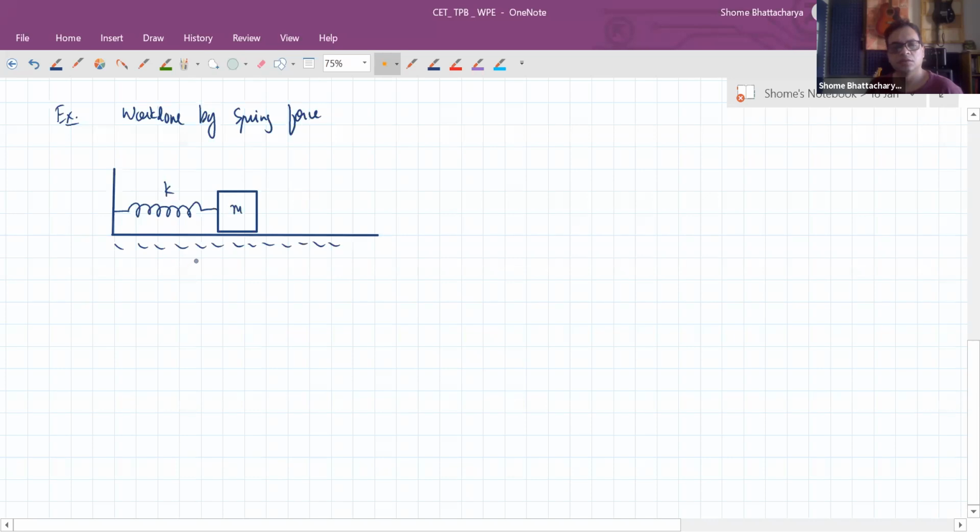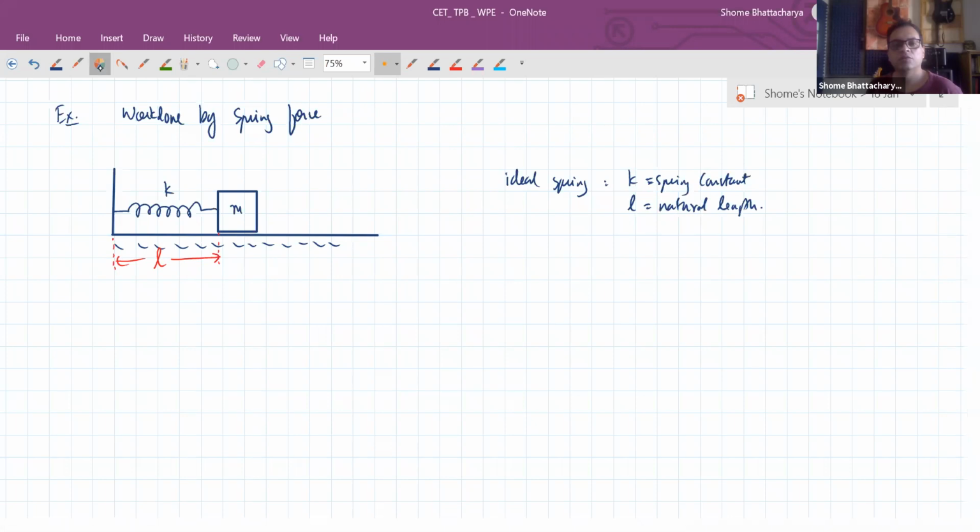Initially this is at the natural length position. So an ideal spring of spring constant K and natural length L is attached to the block.